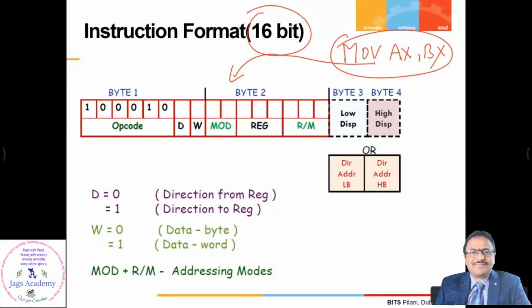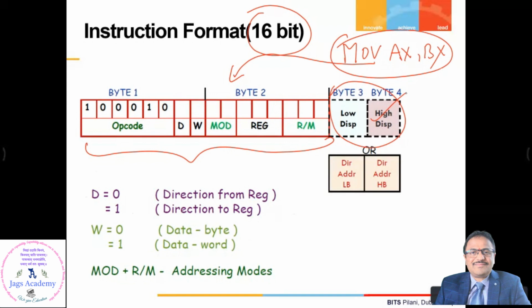In that format there are different bits. When I say 16-bit, it is actually 16 bits: 1, 2, 3, up to 16. All these are nothing but some data. It can be immediate data, or it can be an address, since your instruction has an address also.